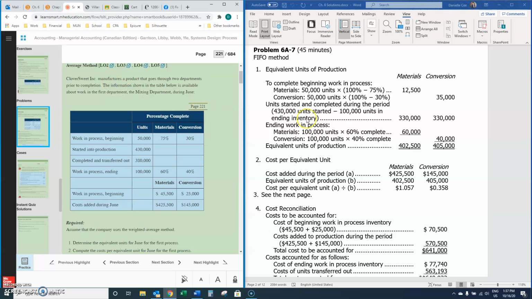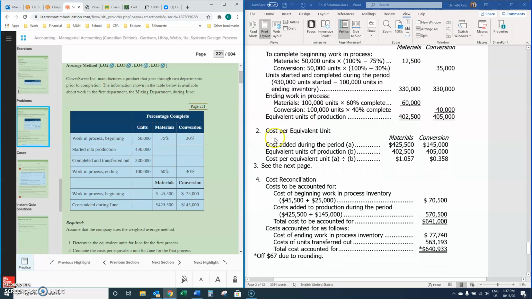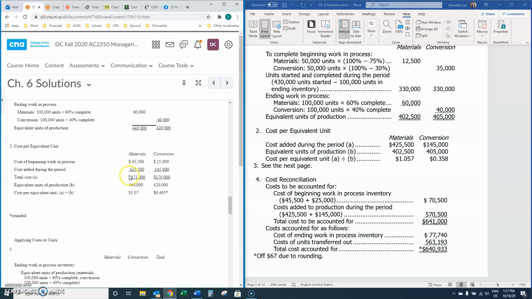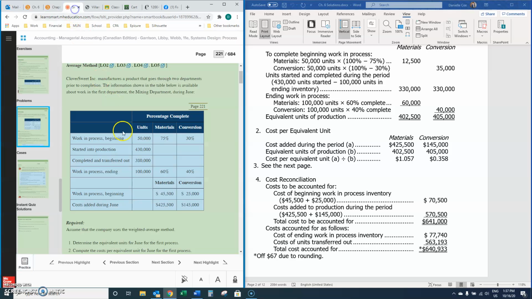All right, so then we have to work out the cost per equivalent unit. Again, cost added during the period. So this is here: cost added during the period, 425.5 and 145. They divide it by the equivalent units that we worked out here to get the cost per equivalent unit. Under the weighted average, it would not have been just the 425 and 145.